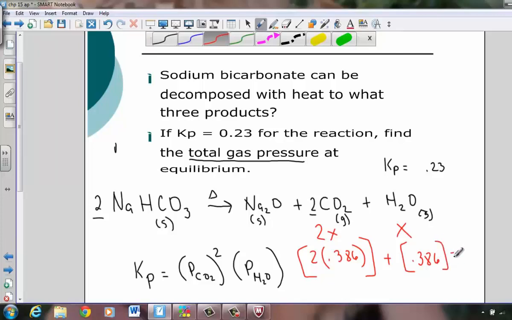The sum of those individuals gives me the total pressure. So 2 times 0.386 is 0.7719 plus the original x of 0.386. I'm finding the total pressure of our system equal to 1.157. I'll just do a little rounding: 1.16 atmospheres, the total pressure in our container at equilibrium.